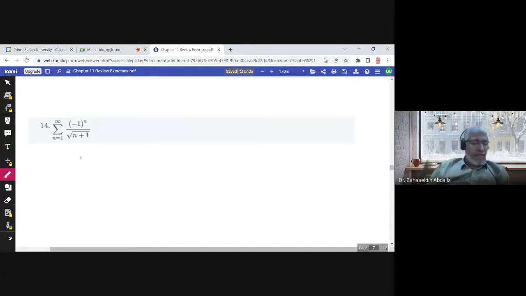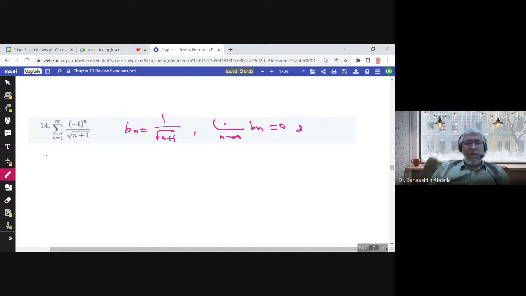Well, this is an alternating series, and bn here is 1 over square root of n plus 1. And it's clear that the limit of bn when n goes to infinity is 0, 1 over infinity is 0.